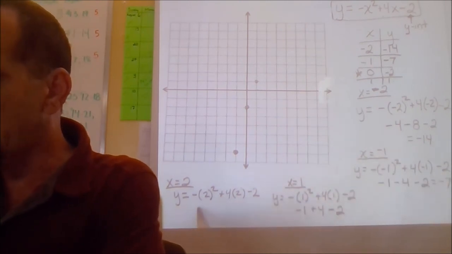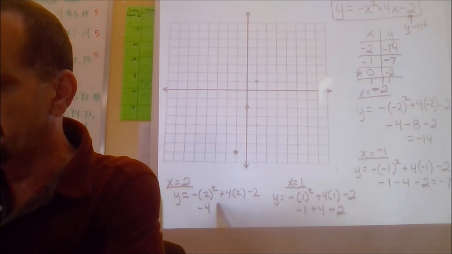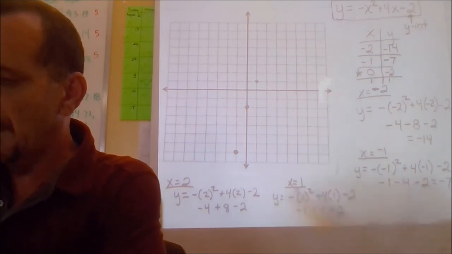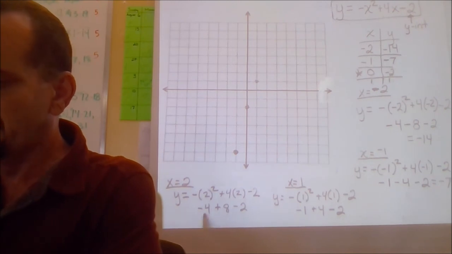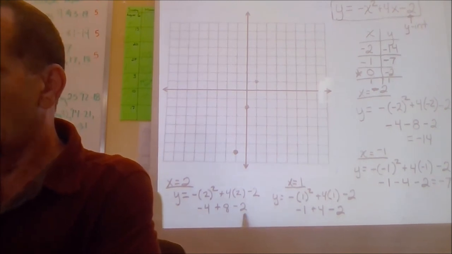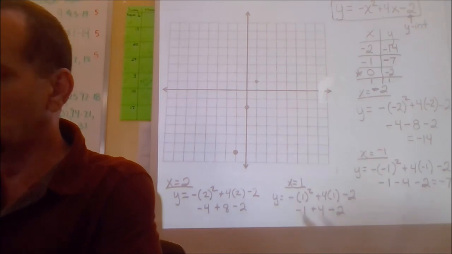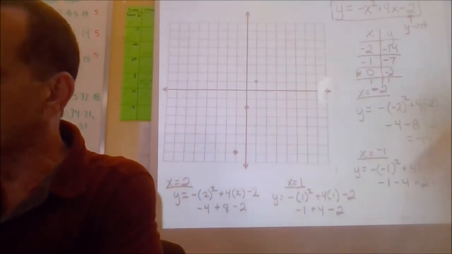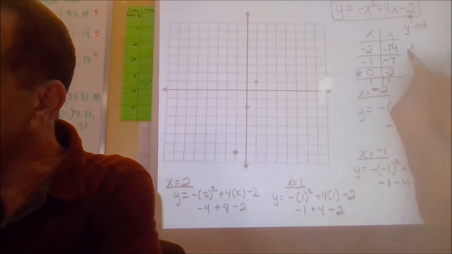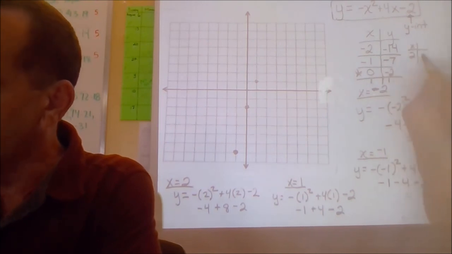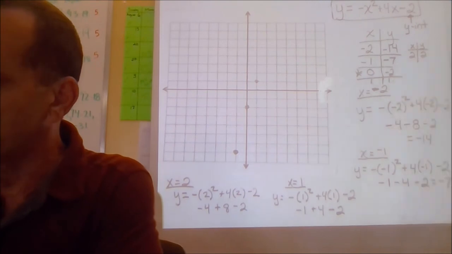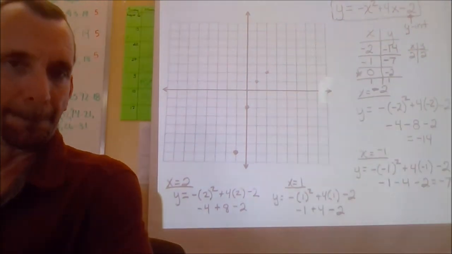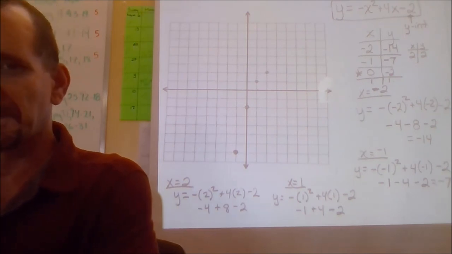So we've got a negative 4 plus 8 minus 2. So we've got 8 minus 4 minus 2, which is 8 minus 6, which is 2. So when x is 2, y is 2. I'm just going to come right on up here. When x is 2, y is also 2. So we go 2, 2. So it's still coming up. Is that the vertex? I don't know.